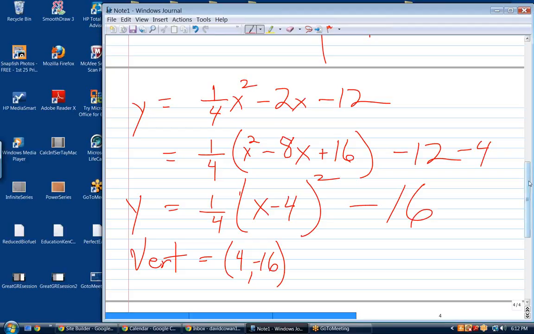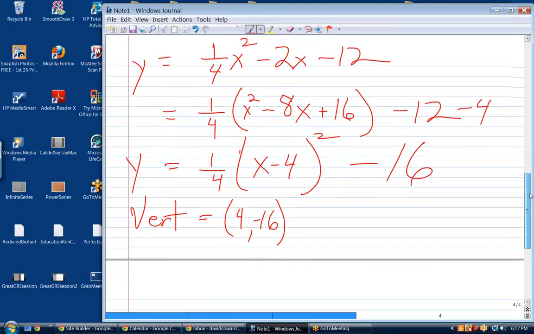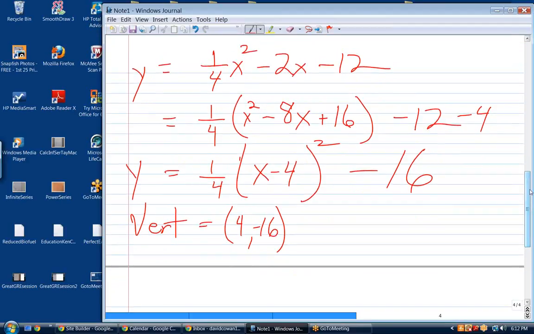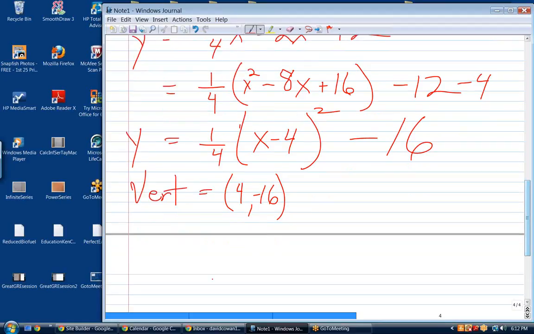So before we go to graph it, let's solve for the x-intercepts. How do we do that? Just set the equation equal to 0. Yes. Sorry, I was thinking ahead.